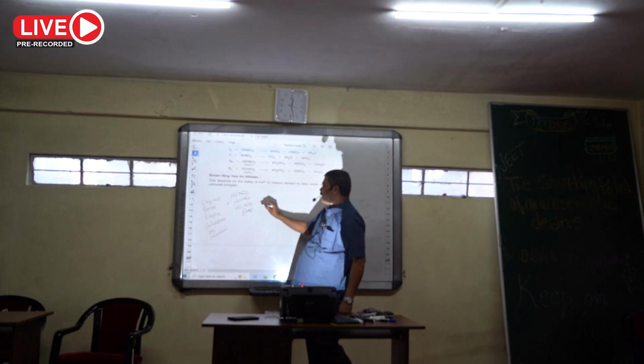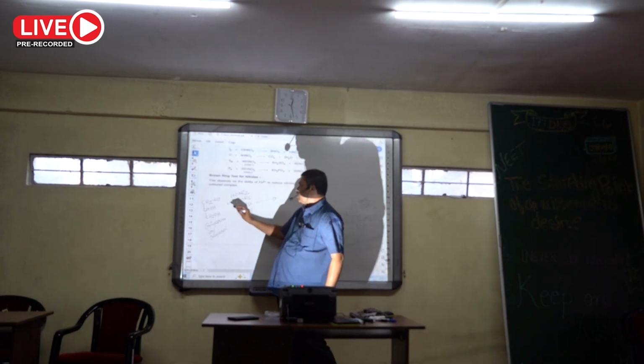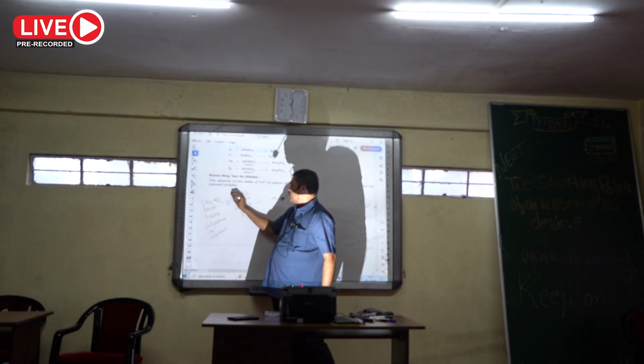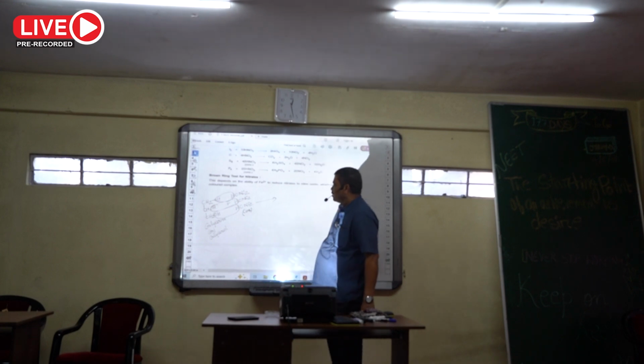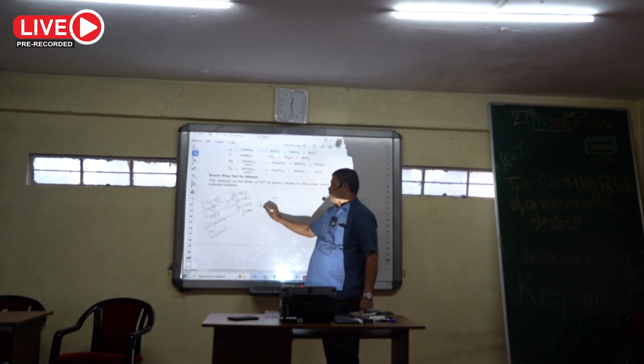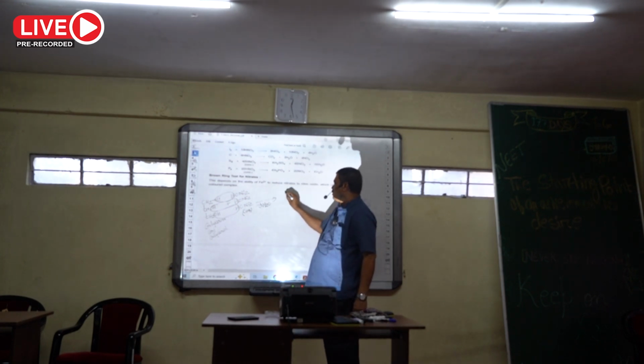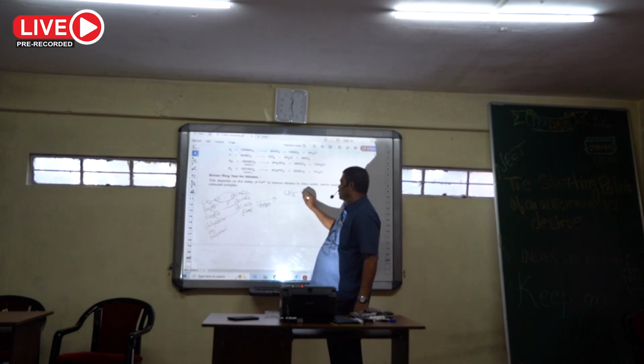So obviously a water molecule is eliminated from OH group and H plus. Three water molecules are eliminated. So you got CH2ONO2, CHONO2, CH2ONO2.